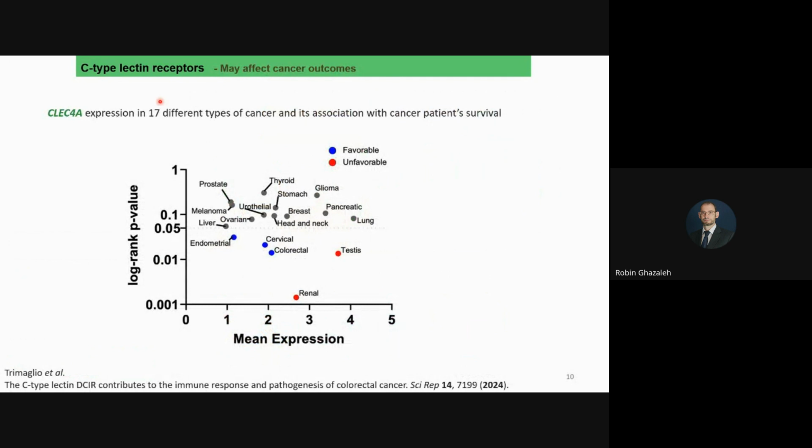Here is an example from a very recent paper, looking at the role of one of these. This is basically the same subfamily as Dectin-2, and it's a C-type lectin receptor.